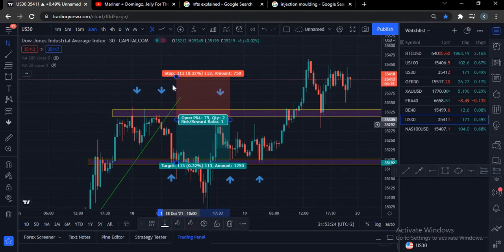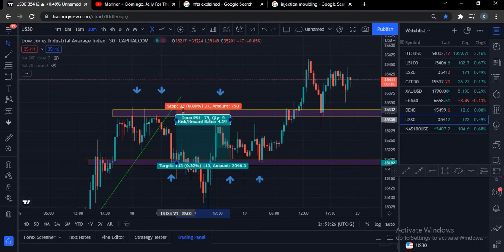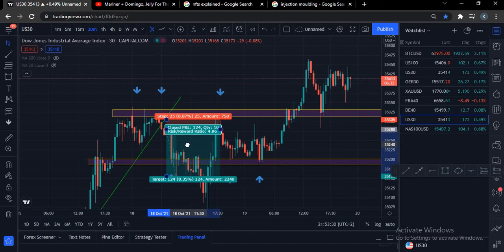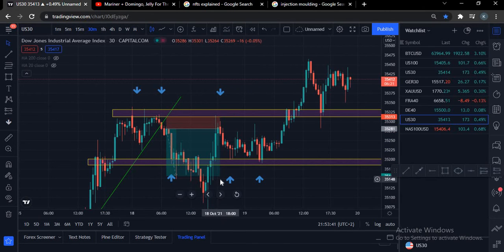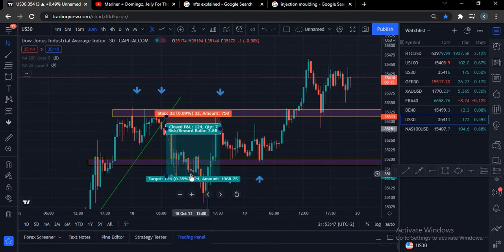So do that. Let's see. Okay, not 50 points. So let's see. It's going to be a good return. We can't predict that it was going to go that low.